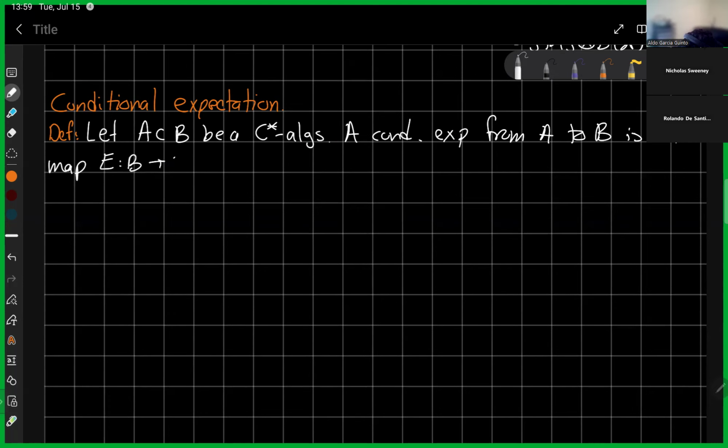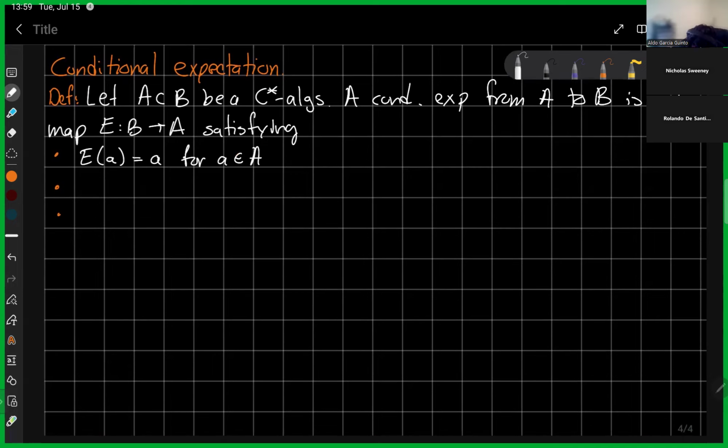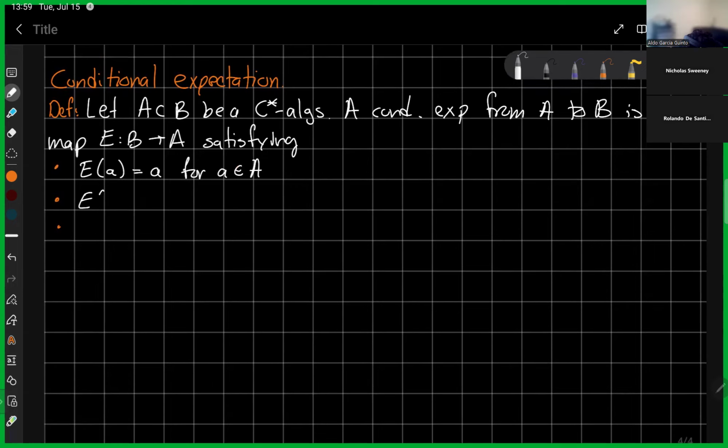B. So we need some conditions. The first one is that it leaves the elements of A alone. The next one is this kind of bimodule structure.